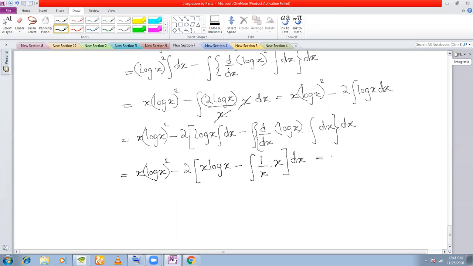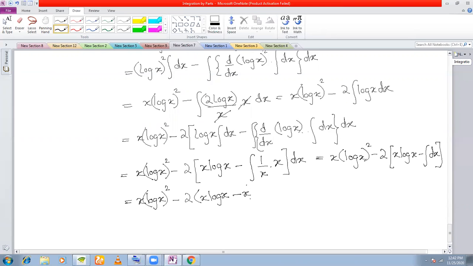So this becomes x log x whole square minus twice of x log x minus integral dx. So this becomes x log x whole square minus twice x log x minus x plus c. This is your required integral.